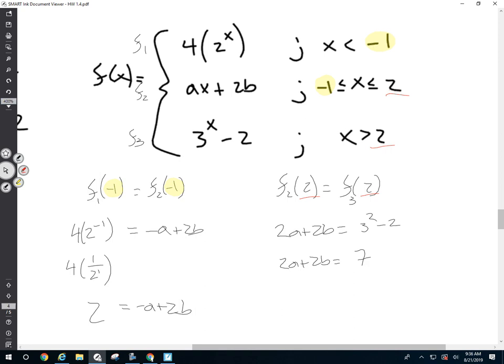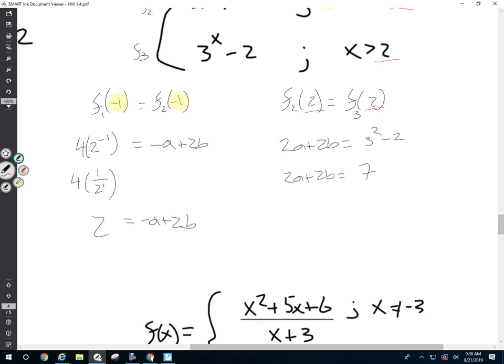All right, I'm going to solve for a variable. The easiest variable to solve for is going to be this a over here. I solve for a, I get add an a, subtract the 2, a equals 2b minus 2. I will then plug that into this equation, giving me 2 times 2b minus 2 plus 2b equals 7.